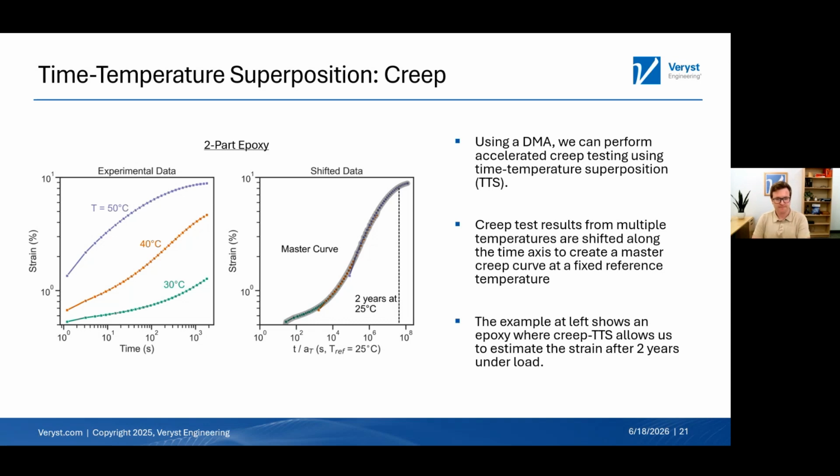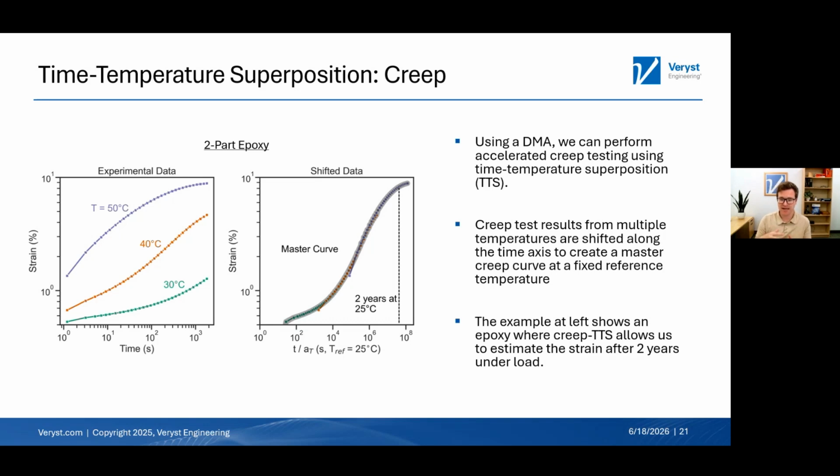Before we move on from the DMA, I want to very briefly highlight an advanced DMA method. It's called time temperature superposition, and it's most commonly done with a DMA. We use elevated temperatures to forecast the creep performance of a material over very long periods of time.